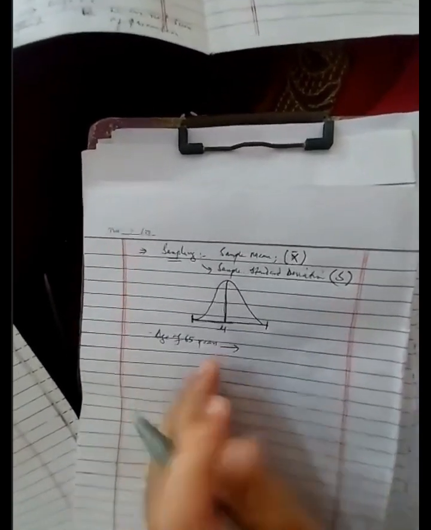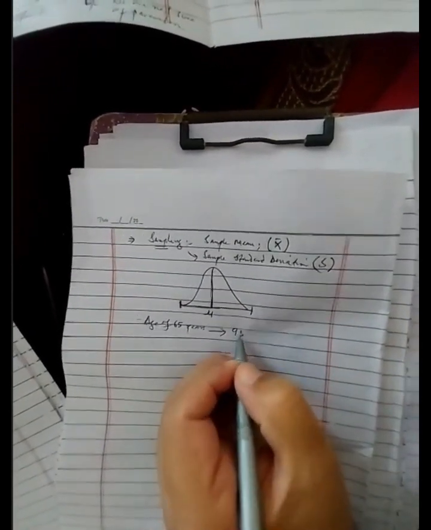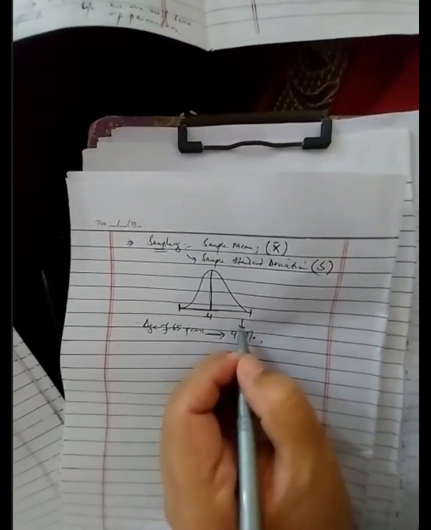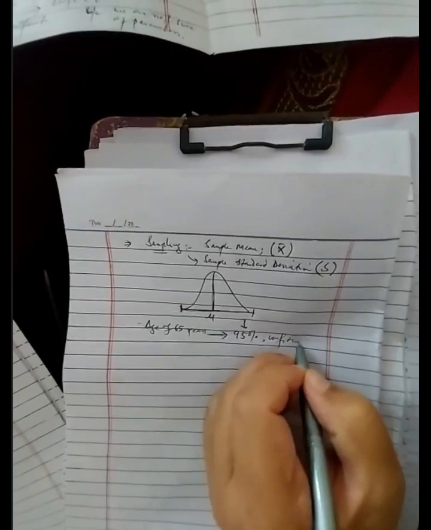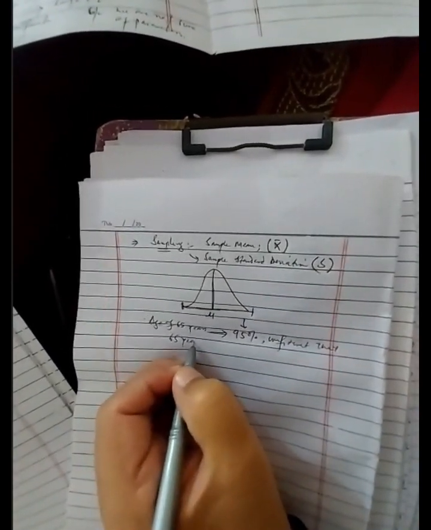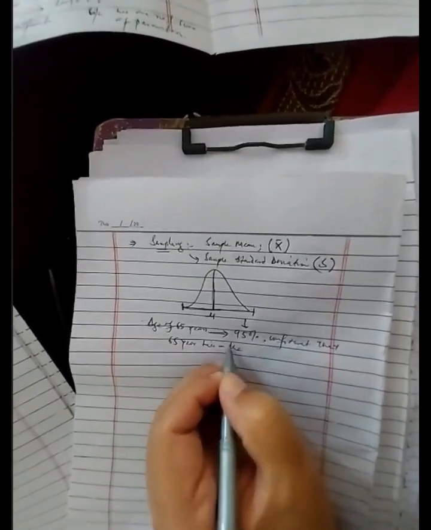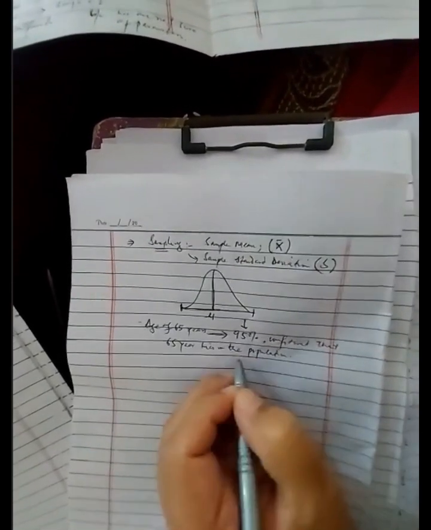We say in the confidence interval that we are 95% or 90% confident, this is the kind of surety that we have, for example, that the mean of 65 years lies in the population.